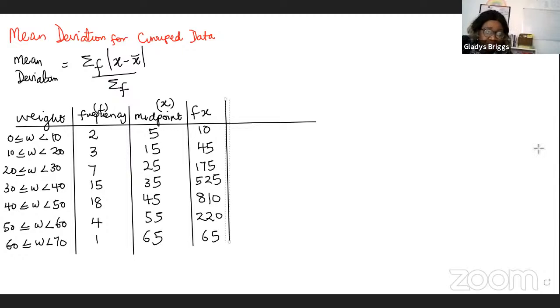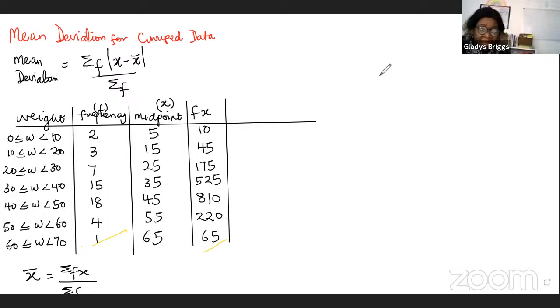Okay. So in our formula, we have X bar, so we need to work out what X bar is. When we were working out the mean, remember we said X bar is equal to sigma F times X divided by sigma F. So we need to work out what sigma F is and what sigma F times X is.